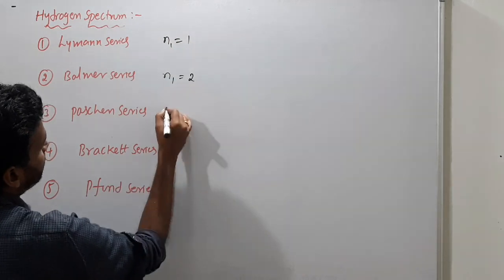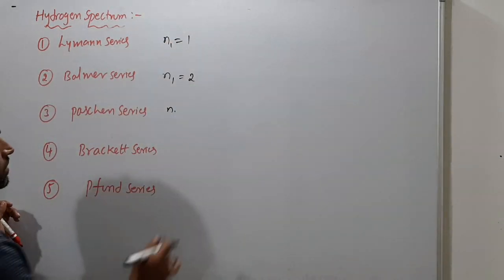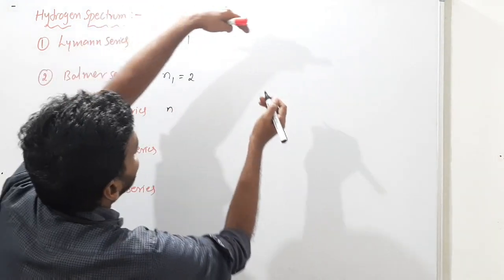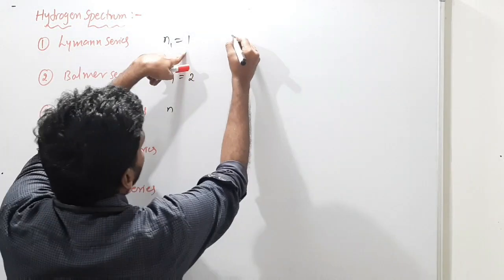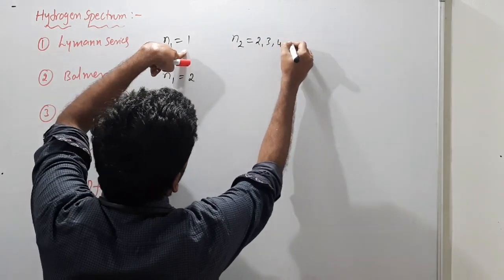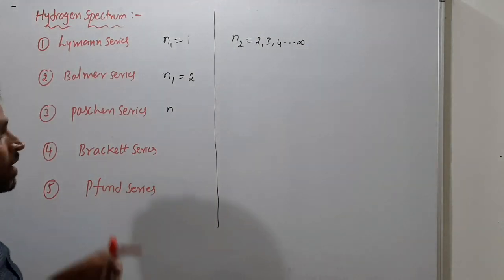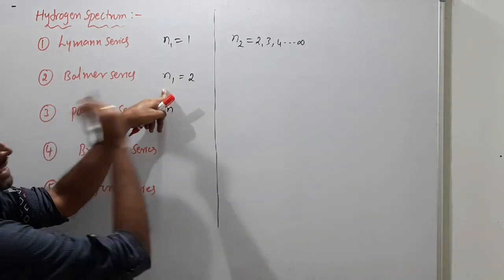For Lyman, n1 is equal to 1, because he observed the electron coming from a higher level to the first level. So what are the higher levels? Greater than 1, that means 2, 3, 4 and so on up to infinity. Balmer observed the electron coming from a higher energy level to the second level.